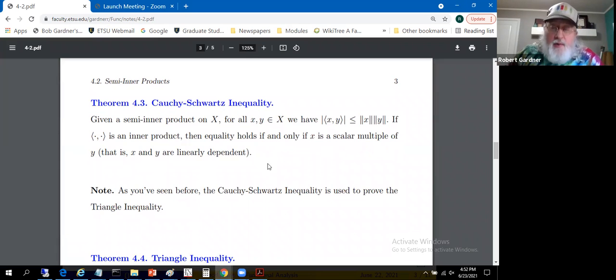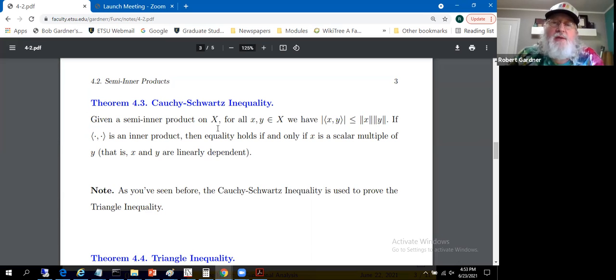Anyhow, the main interest in the Cauchy-Schwarz inequality is to prove the triangle inequality. You do this exact same type of thing in sophomore linear algebra. Probably you're not dealing with complex scalars there, but you establish the Schwarz inequality and use that to establish the triangle inequality. So we're up to the same thing.